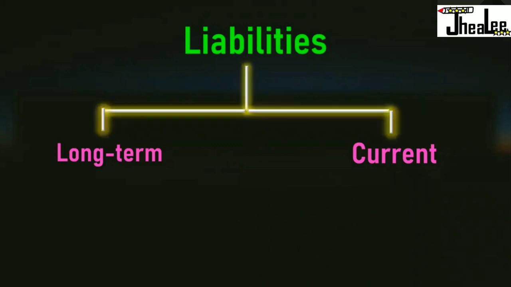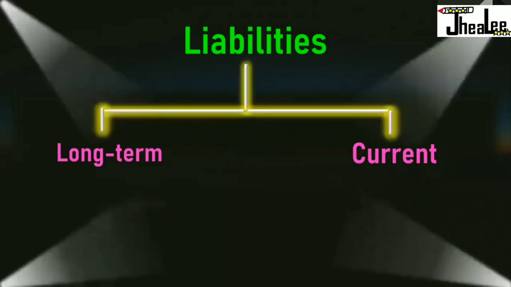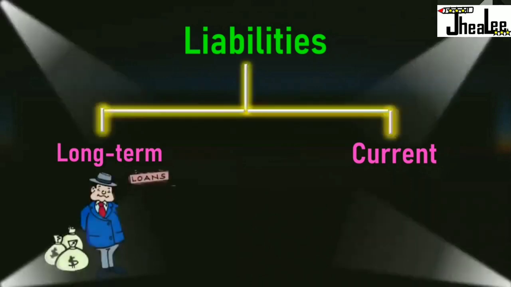Now, let us classify those examples that we have looked at earlier. The first one there is loans. Loans are classified as a long-term liability unless a part of that loan is due within 12 months, within a year. Once that amount is due within the year, then that particular value is classified as a current liability.